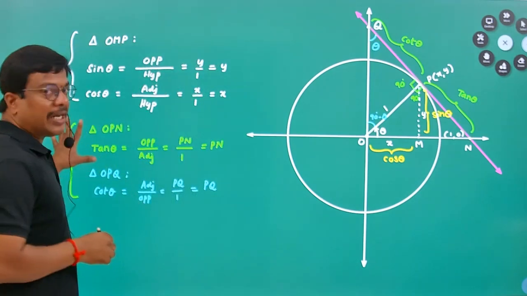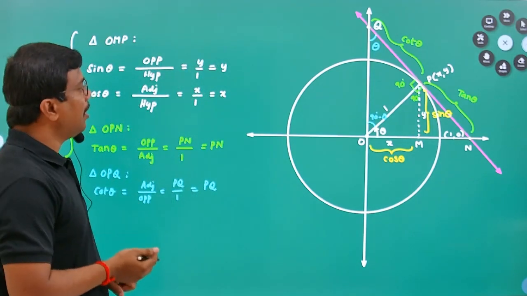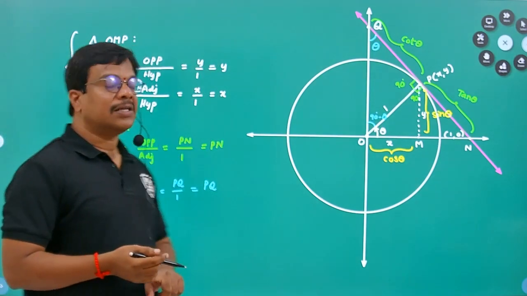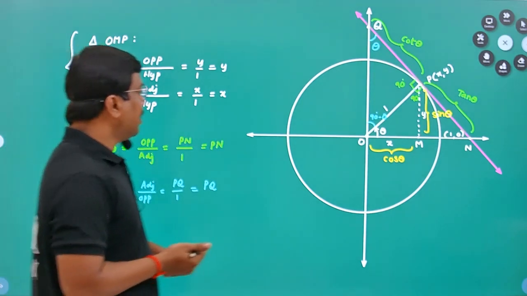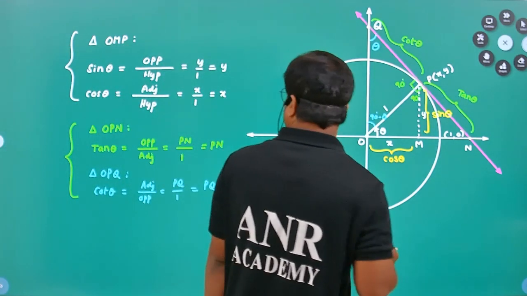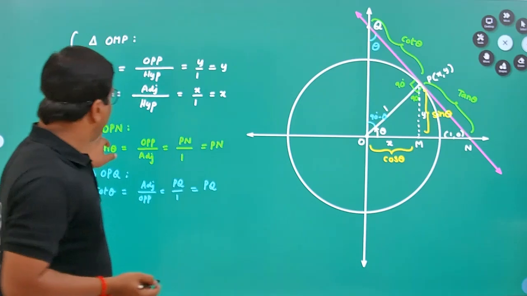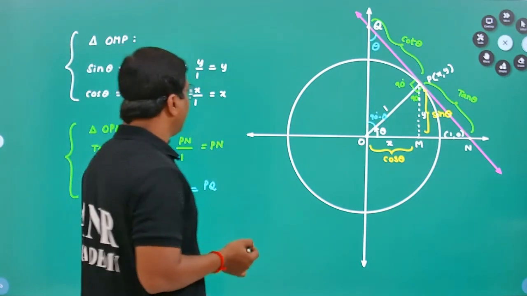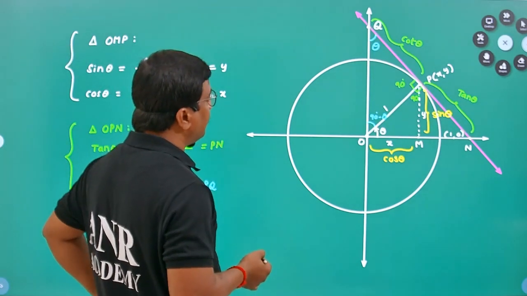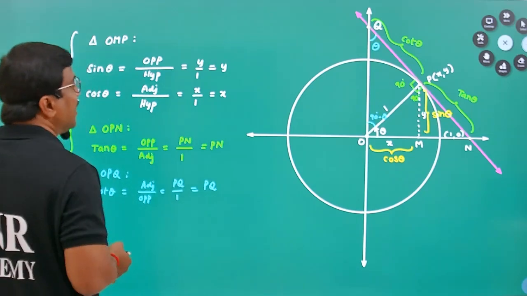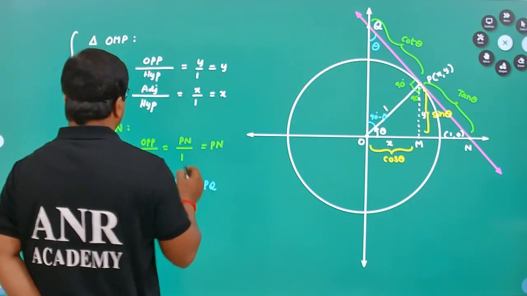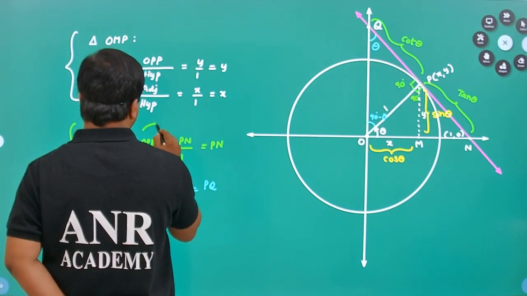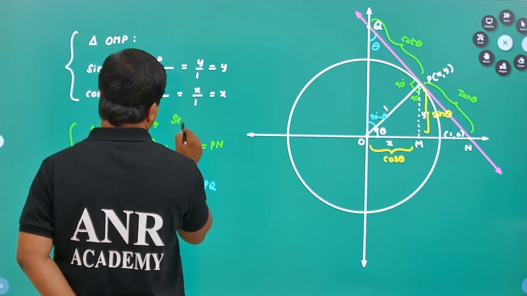Next, two trigonometric ratios done, and then we go for secant theta and cosecant theta. See, from triangle OPN, I am going to write secant theta. What happens? Observe.